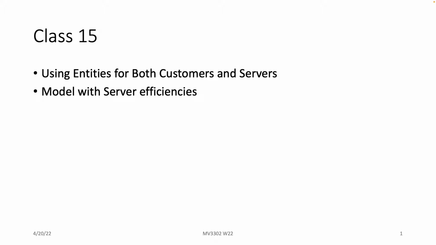So one of the implicit assumptions about our model is that the servers are homogeneous. That is, each server has more or less the same service time. What is it that distinguishes one server from another? In the model, the main thing is the service time.